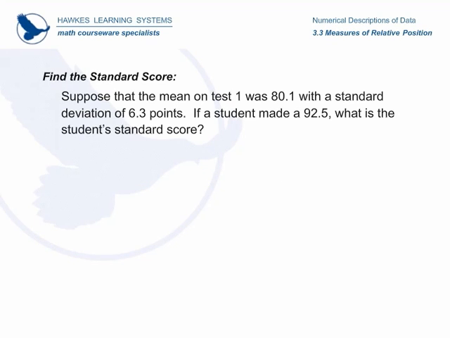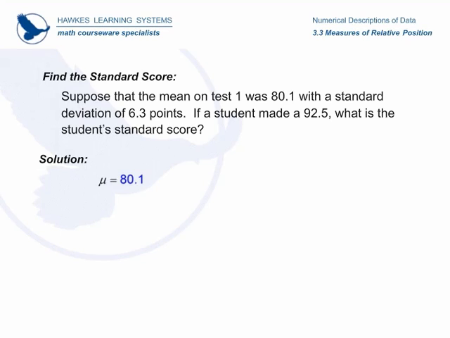So let's take a look at how we find the standard score using an example. Suppose that the mean on test 1 was 80.1 with a standard deviation of 6.3 points. If a student made a 92.5, what is the student's standard score?